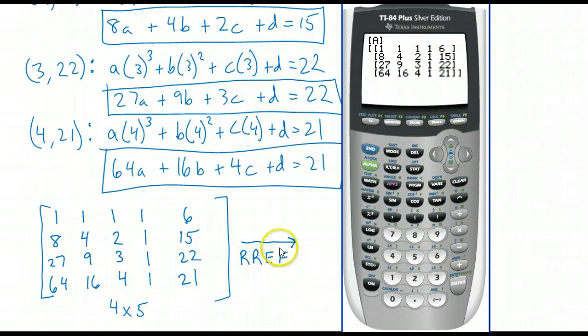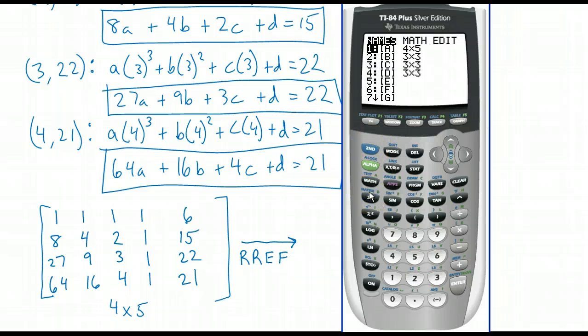Now to do the row reduced echelon form, I want to put matrix A on the home screen, go back to my matrix menu, scroll over to math, and then if I hit the up arrow, I'm going to go to the bottom of this list. And right here under B is my RREF.